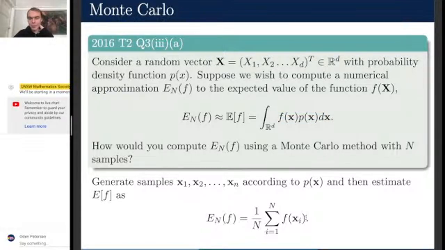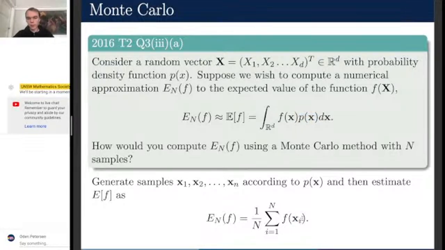one way to estimate the long run average is just to take sort of a medium run average with a finite number of samples n. And we can sample the arguments to the function from whatever distribution we're integrating with respect to.